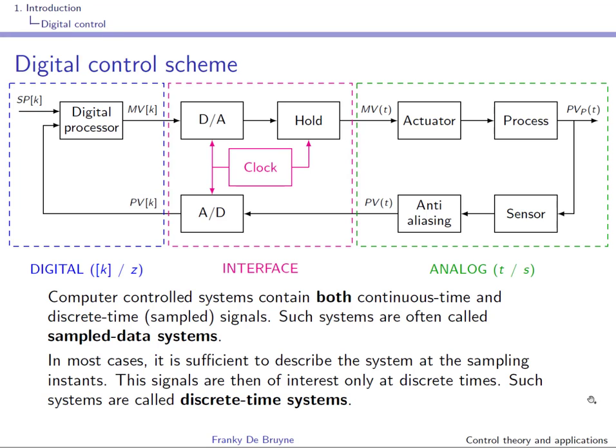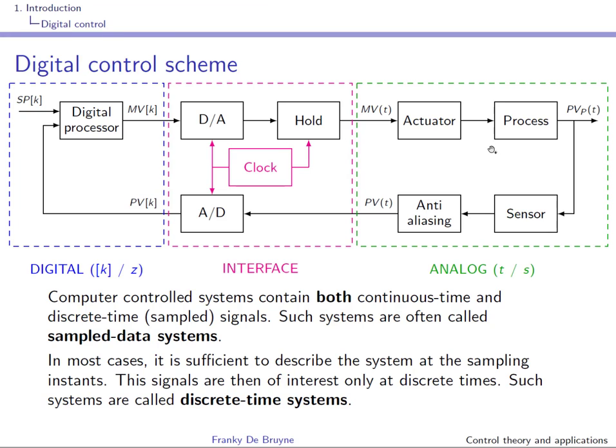We work in the continuous time domain, and the associated variable in the frequency domain is the S or Laplace variable. MV of t is the input of the system, and in general we have an actuator followed by the process.